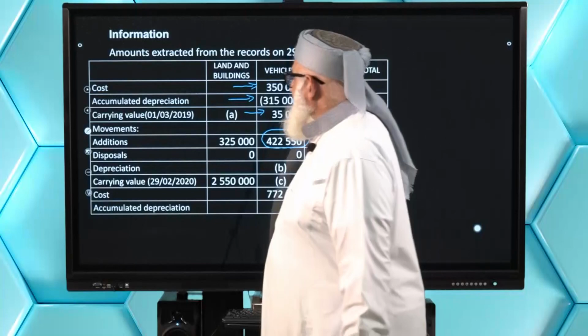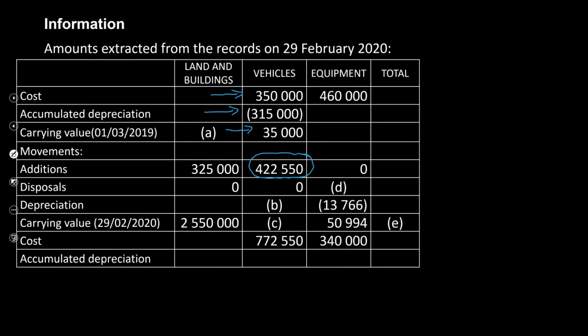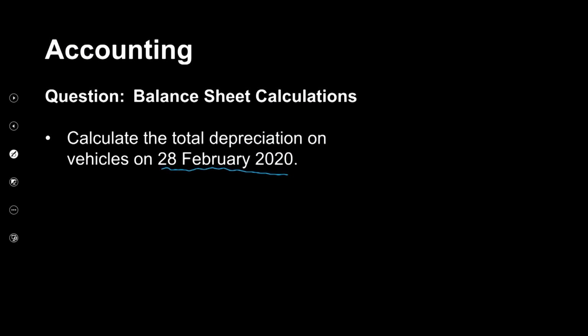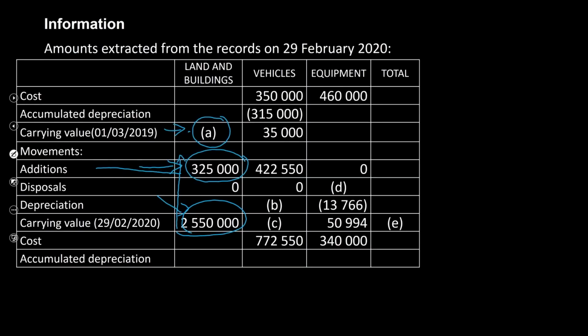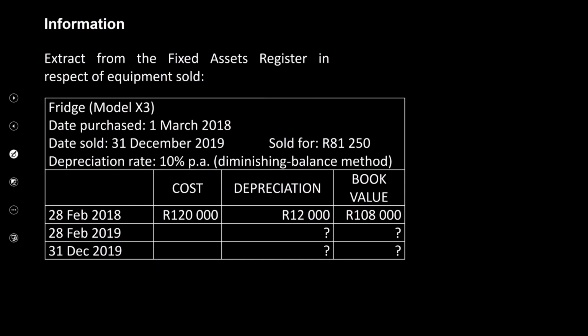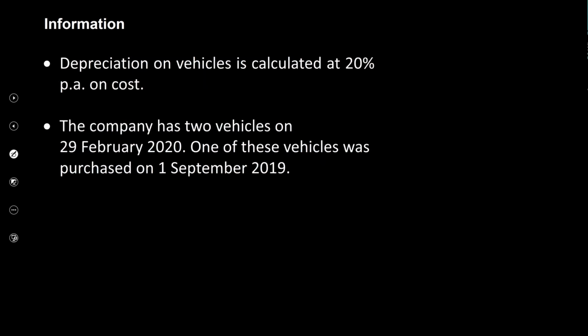Right, okay. This therefore means that, let's just look at this information that we require in terms of our vehicles. We are told that the company has 2 vehicles. Depreciation on vehicles is calculated at 20% per annum on cost.